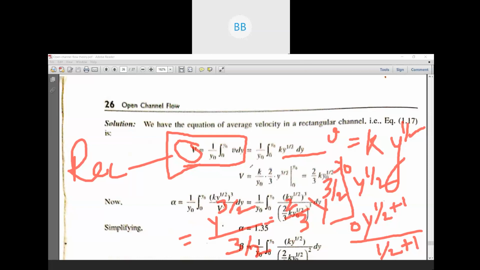So this is a simple integration. We have 1 by y naught, integration, with limit from 0 to y naught, k y to the power half, that is small v.